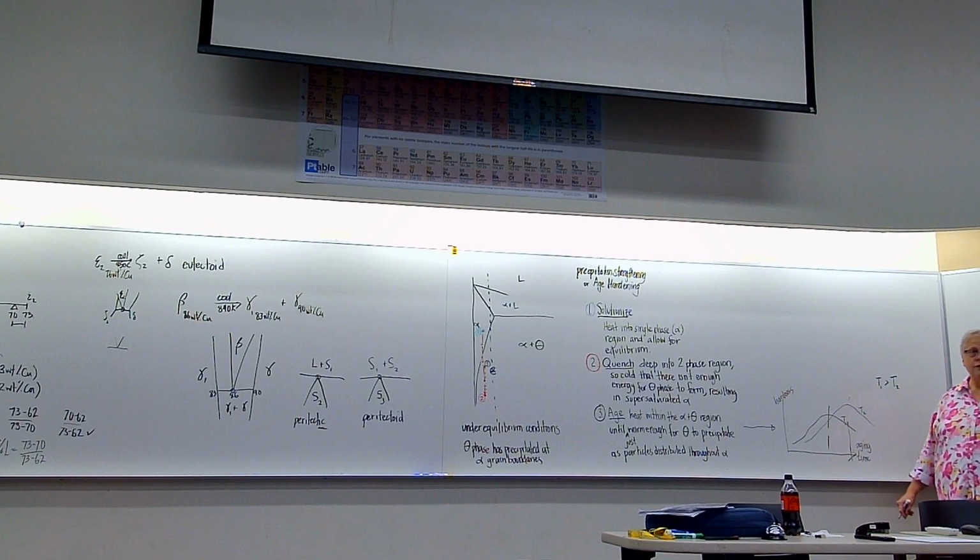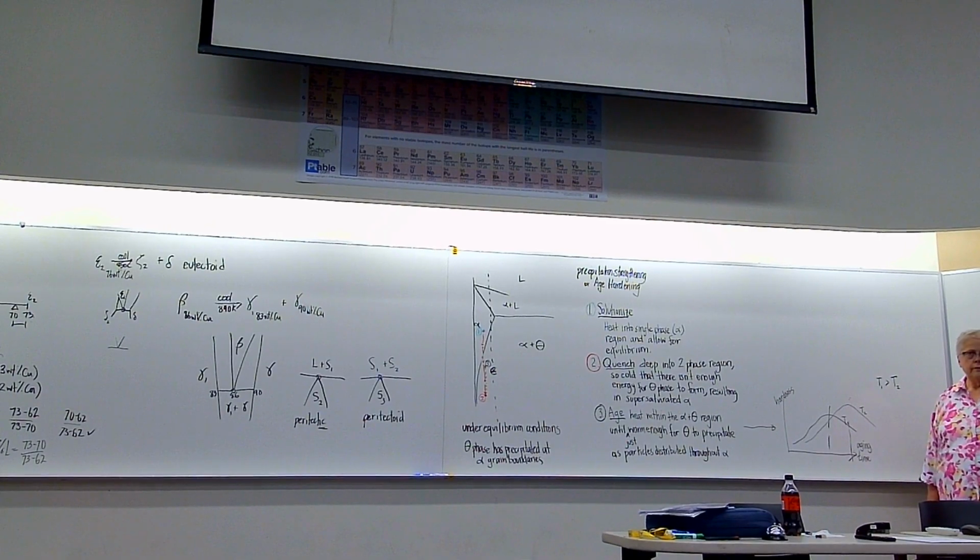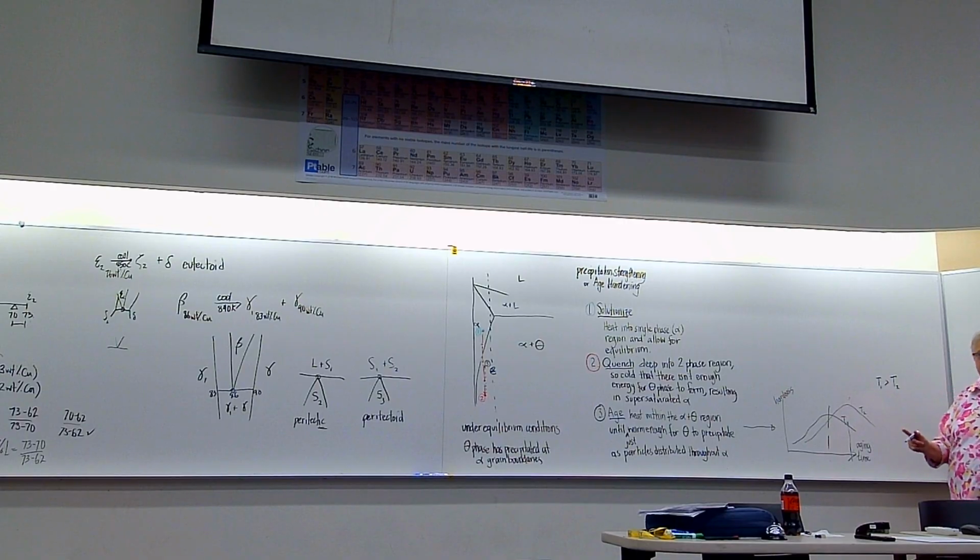And just like before, it's all about creating obstacles to dislocations. So if I have a lot of tiny particles, I have more obstacles. But with time, those are just going to get coarse, and they're not going to stop as many dislocations. All right? So we have one more strengthening mechanism, and that's the mechanism we use with steel.